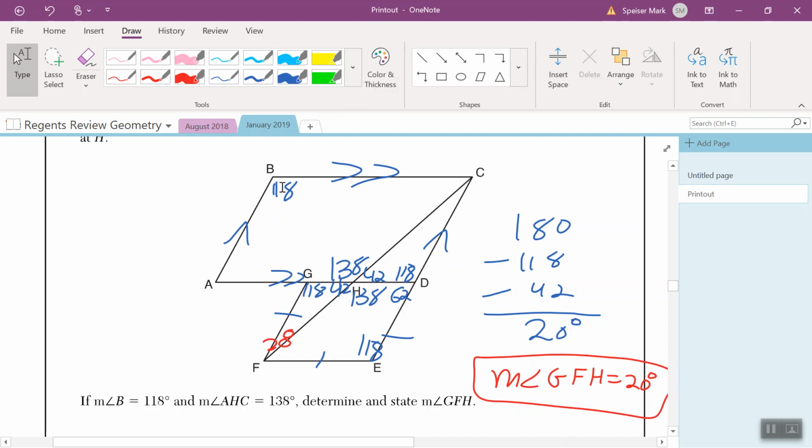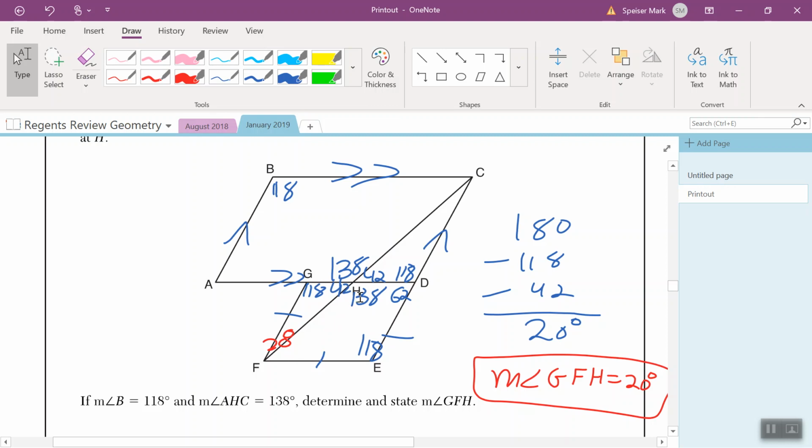The way you do this is you first notice that angle B is 118, making angle D 118. Also, angle AHC is 138, making angle DHF also 138 because they're vertical angles. You also could find the next angle, GHF, because those two angles form a linear pair, making them supplementary.